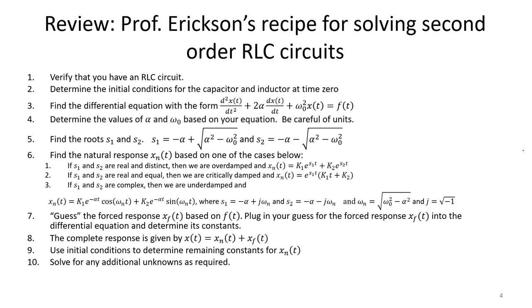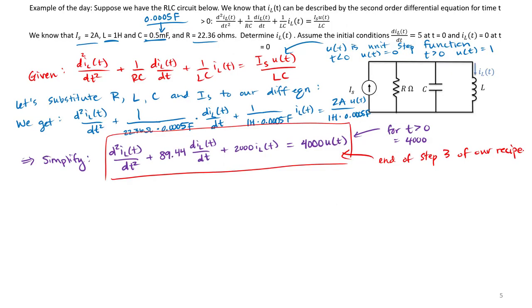So in step 4 of our recipe, we need to determine our values of damping coefficient alpha and resonant frequency omega naught. You'll remember in this case, this 89.44 term is 2 alpha, and this 2,000 term is omega naught squared.